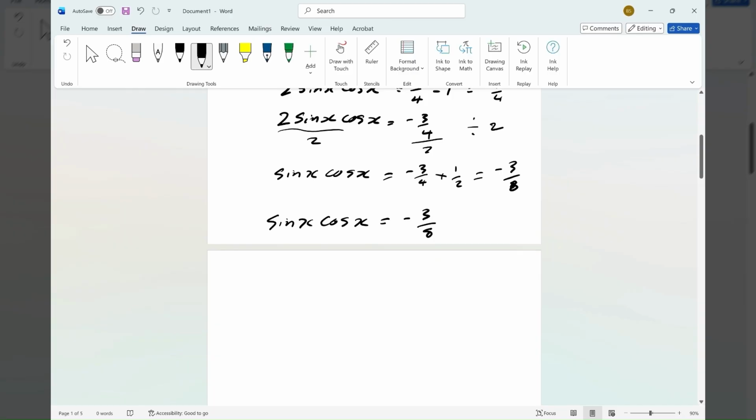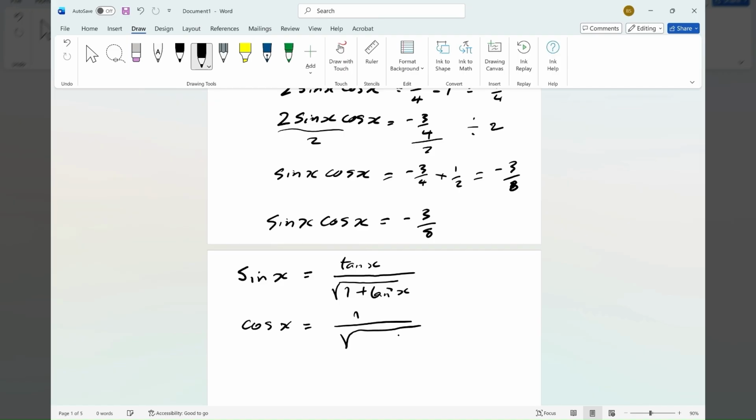Now, let's proceed and set sin x is equal to tan x divided by the square root of 1 plus tan squared x, and we have cos x is equal to 1 over the square root of 1 plus tan squared x.